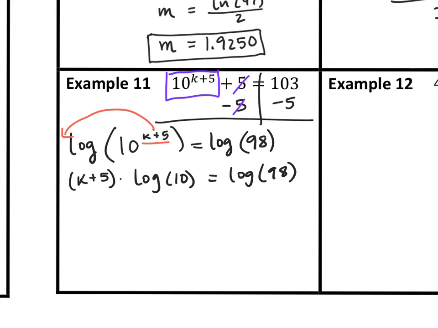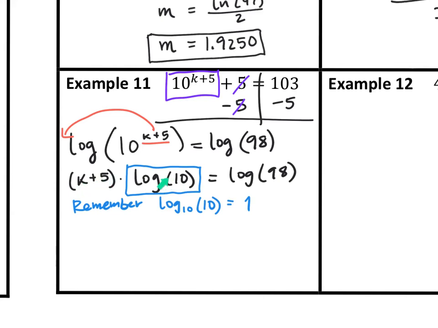And one thing I want you to remember is that log, if it doesn't have a base written, we assume that the base is 10. And so log base 10 of 10 is equal to 1. So this expression that I boxed out is equal to 1.